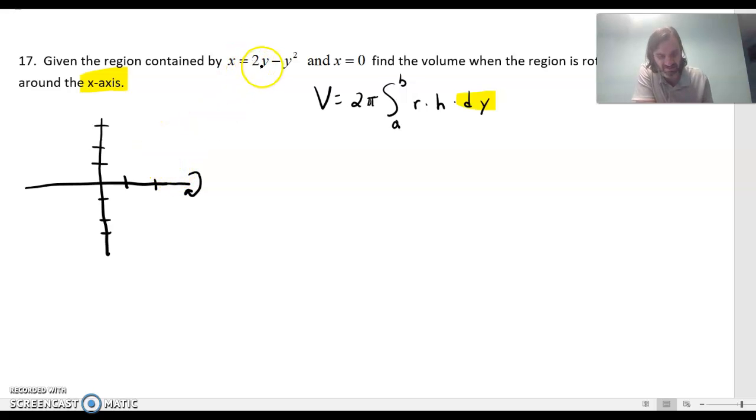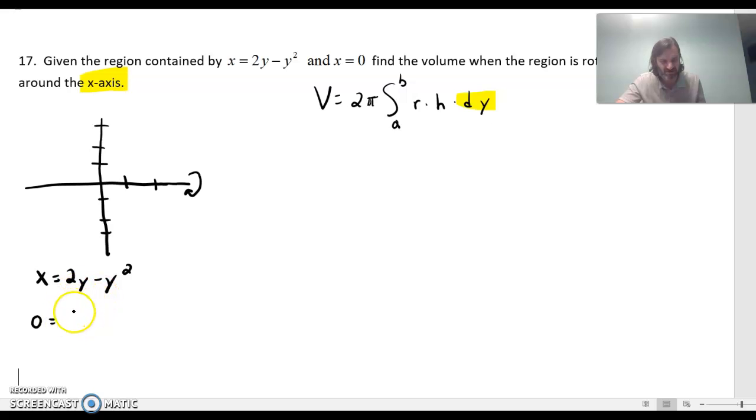So let's see here. The function here is x equals 2y minus y squared. Now that's a quadratic, but it's in terms of x equals instead of y equals. So if we try to find the intercepts, we can set it equal to 0. So x equals 0.